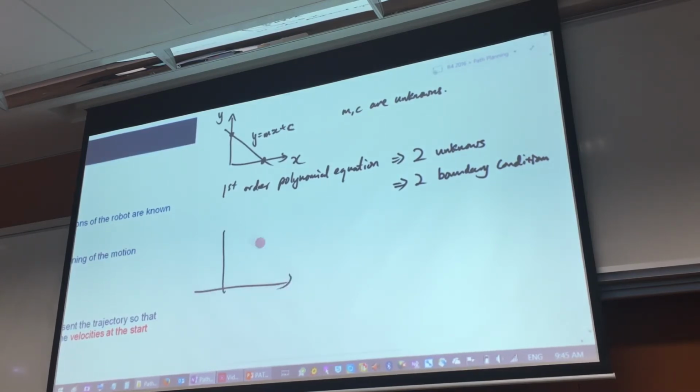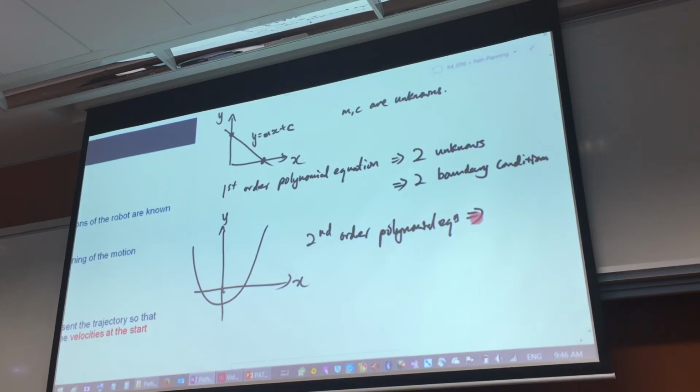That's good. How about if we have a case of, what do you call this kind of curve? Quadratic. So it's not linear, but quadratic. So for a quadratic equation, what order polynomial do you think it is? This is second order polynomial equation. And in this case, how many unknowns do you think there will be?